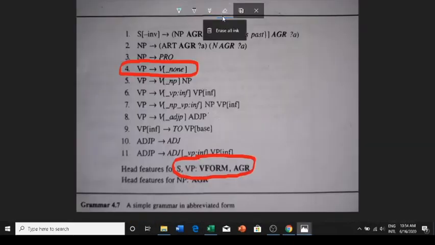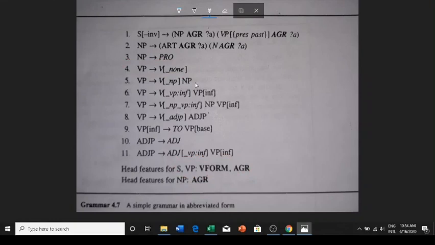Rule number 4 is summarily rejected, so we should look up the next rule. What is the next rule with a verb phrase on the right? Not rule number 6, it is rule number 5. If you see rule number 5, we have a verb phrase on the right with an NP restriction, or the subcategorization value is NP, right?